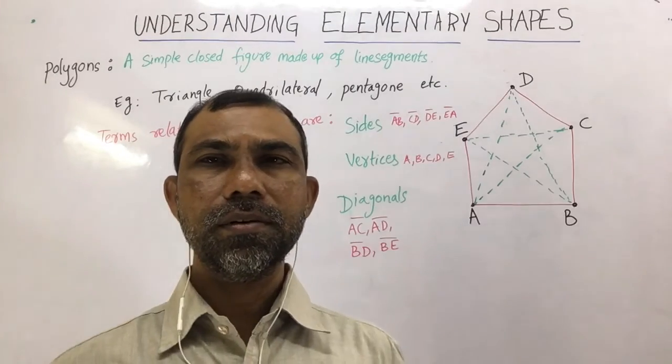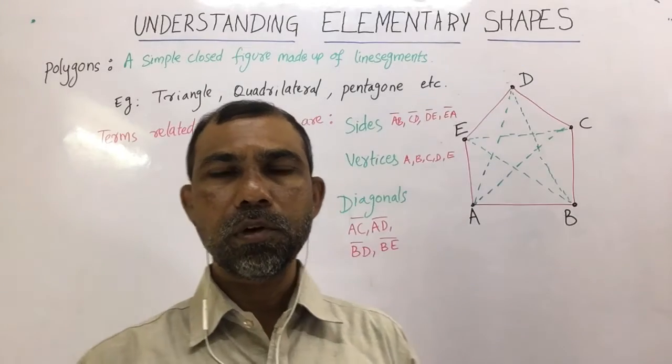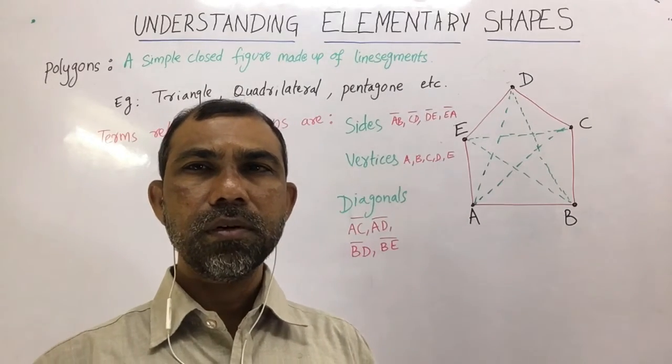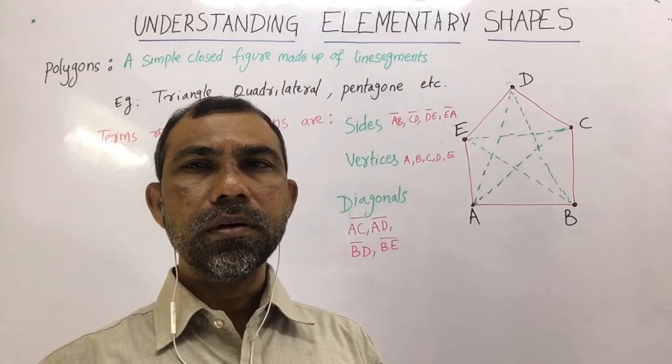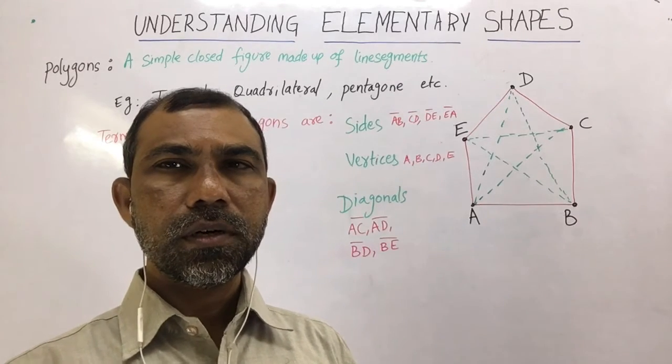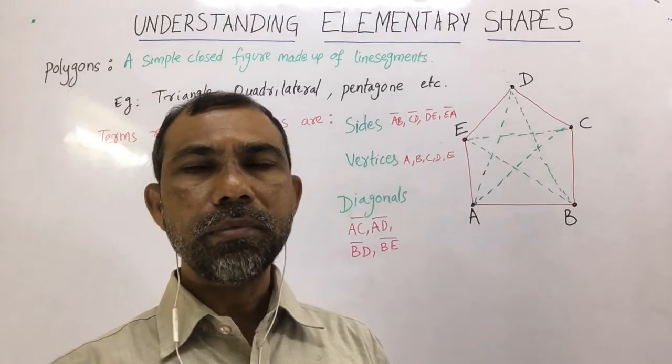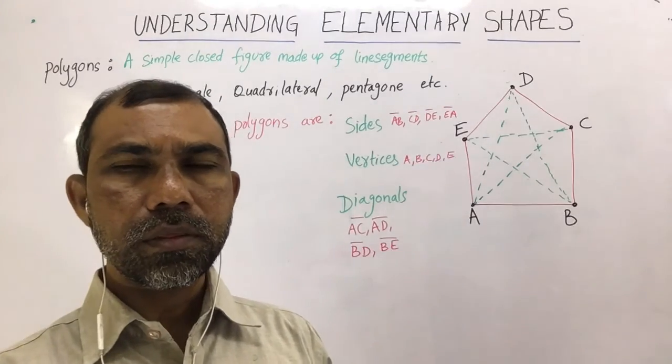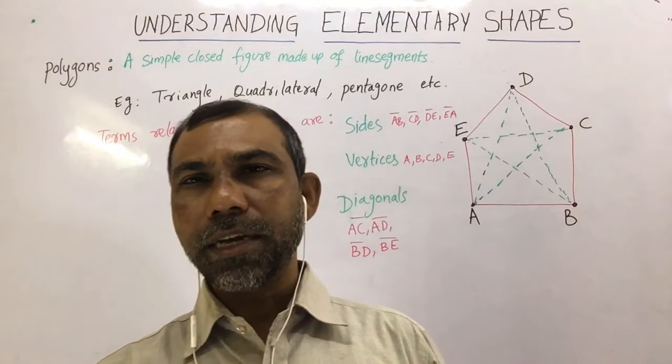Here we see the meaning of a polygon. A polygon is a two-dimensional figure with only straight edges or line segments. It is a simple closed two-dimensional figure with line segments.